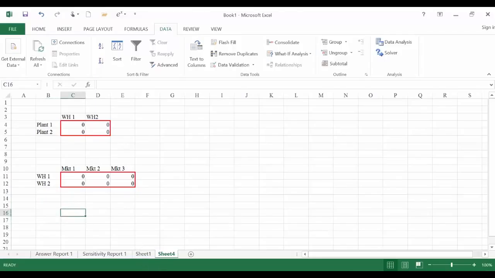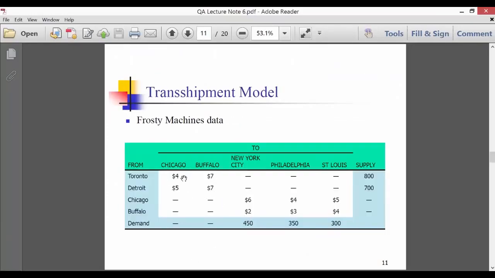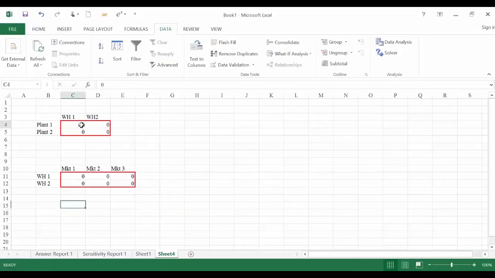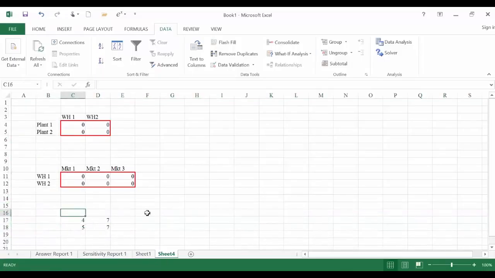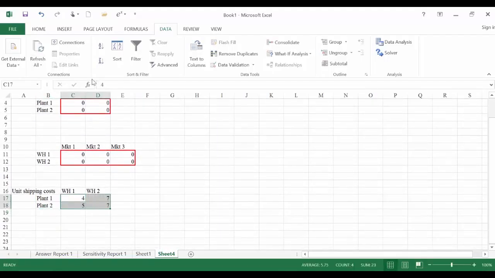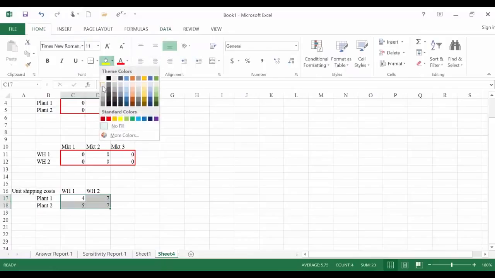So there are corresponding shipping costs. So we say 4, 5, 7, 7. Let's simply put them into shape.